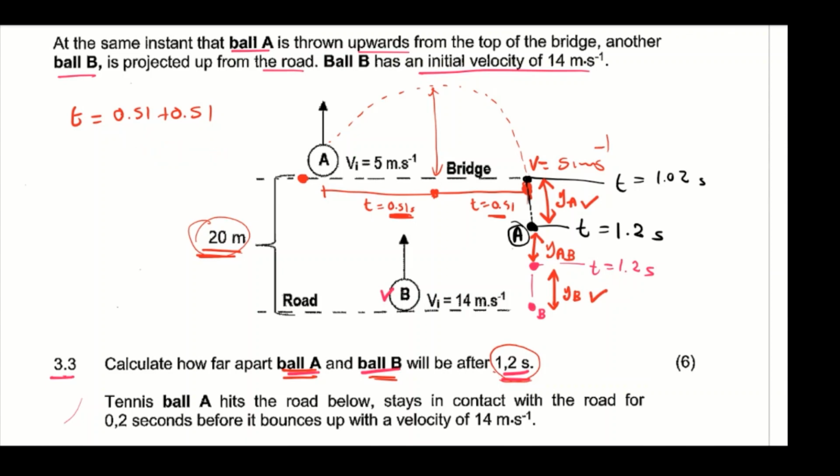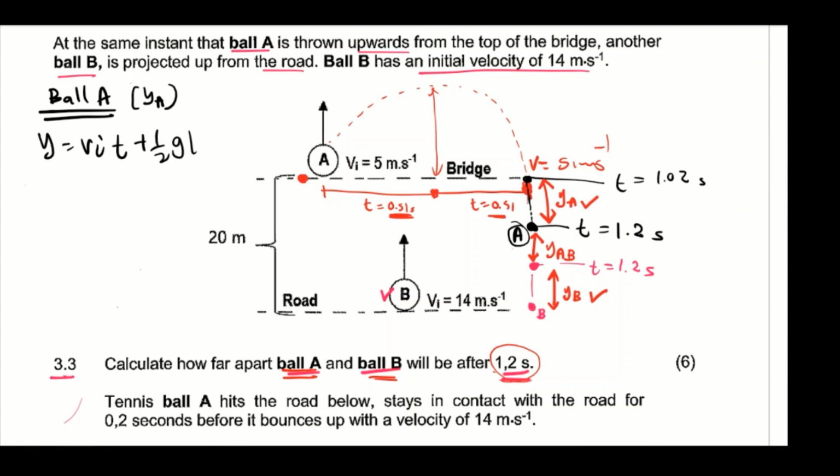So let me just write here ball A, right? To calculate the y of A, we're going to use the equation y equals v initial multiplied by t plus 1/2 g t squared, right?